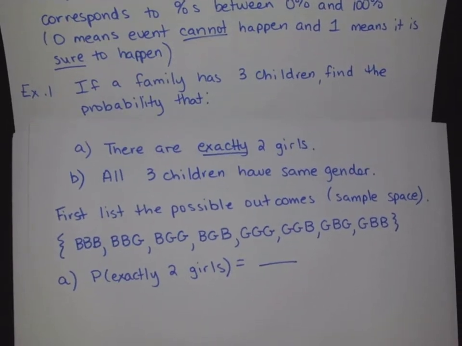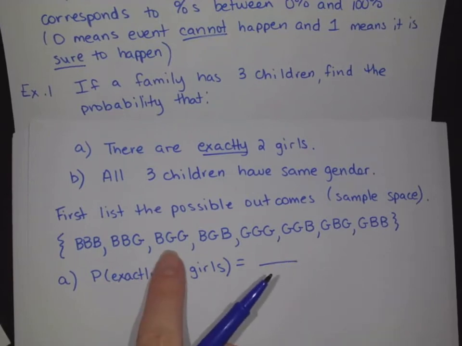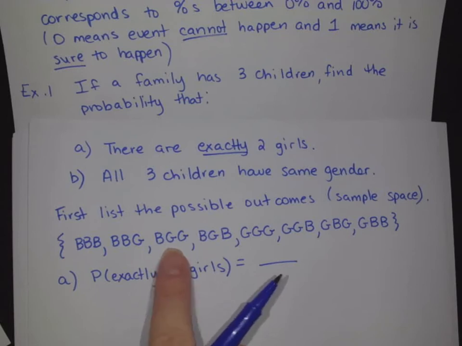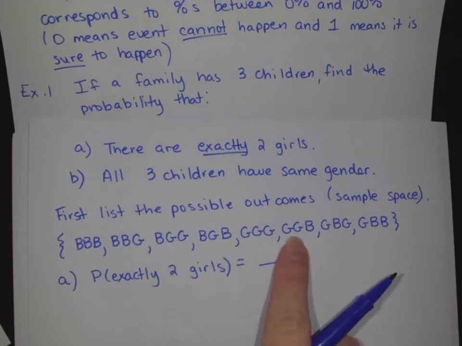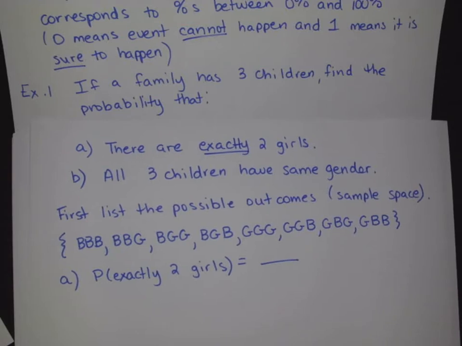So first you need to go back up to your list and count the number of times exactly two girls came up. So here's one, right? Here's another. And trying to see if I repeated something. Just give me a minute, I'm looking.